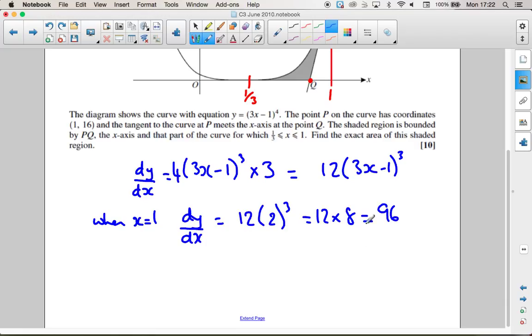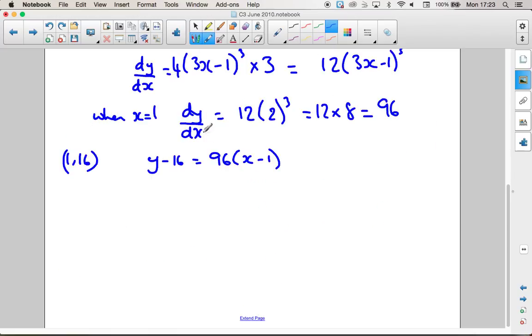So we know that the gradient of the line is 96, and we know that it goes through the point (1, 16). So we can use y − y1 equals m(x − x1). I know this number's pretty massive, but don't worry, it is correct. So we've got that y equals 96x, and −96 plus 16 is −80.